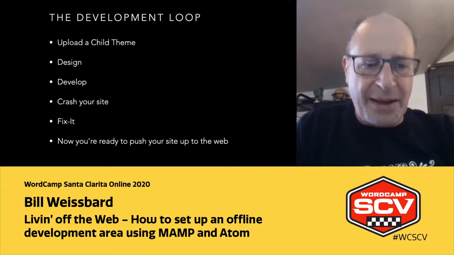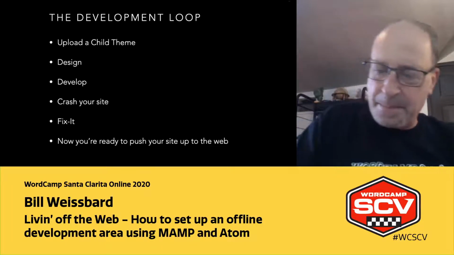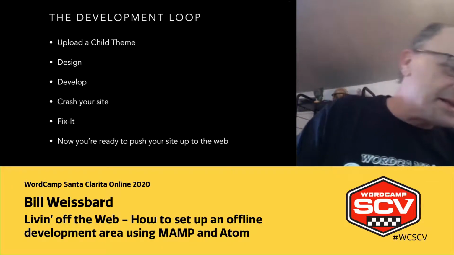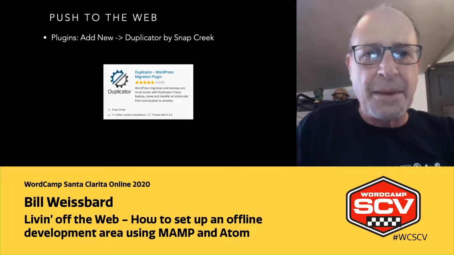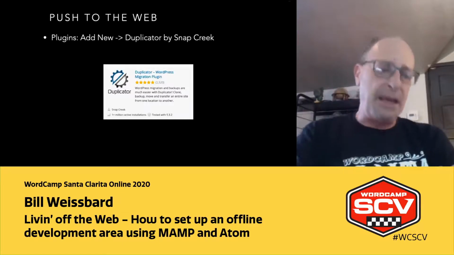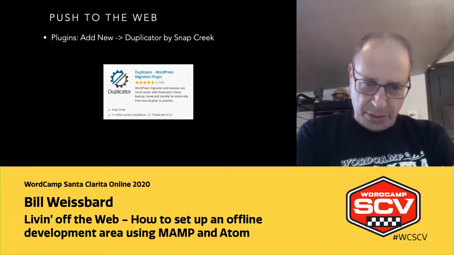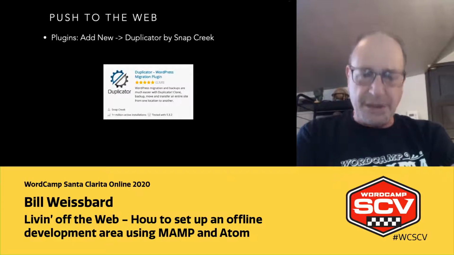Once you've done all that, now you're ready to go live. Time-wise, we're at 20 minutes. I think we're good. Now you want to push it up to the web, assuming that you have a domain which is hosted on the web, or have created a subdomain.